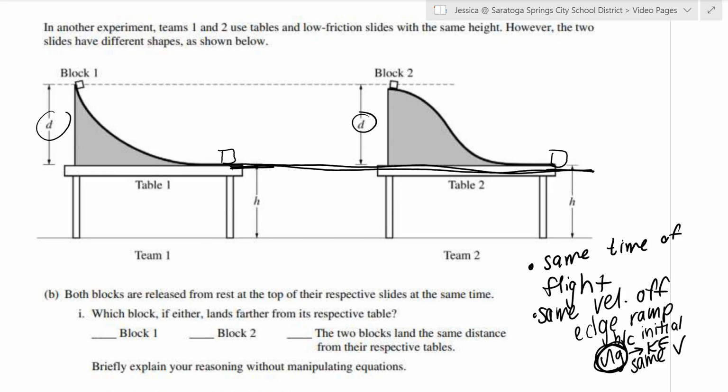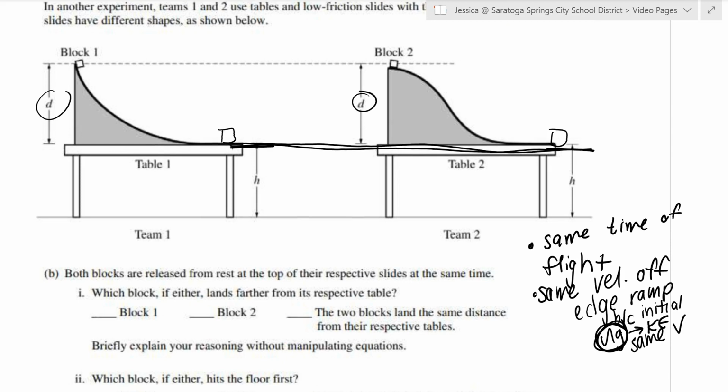So both blocks are released from rest at a point of their respective slides at the same time. Which block, if either, lands farther from its respective table? Before they were asking, do they land at the same distance from the edge of the table, which we can call D. Now they're asking, how does that landing distance compare with these new tables?